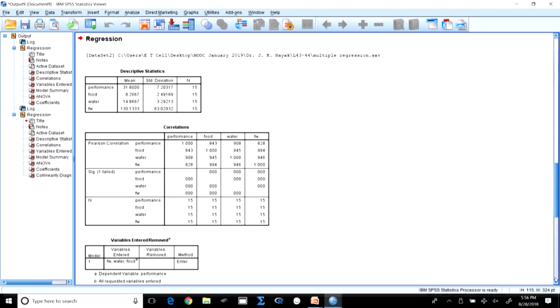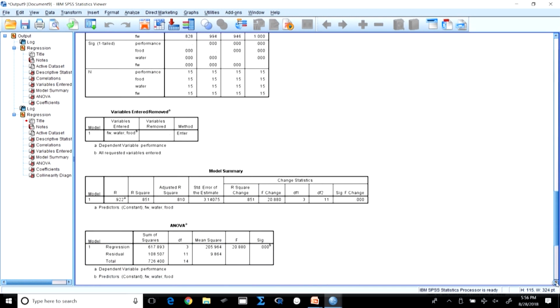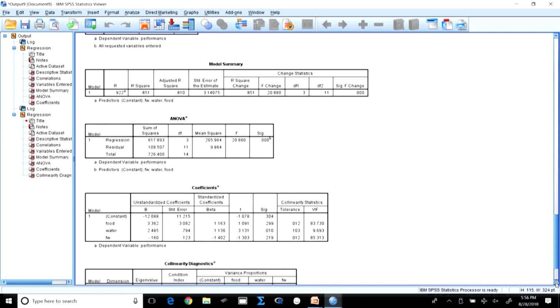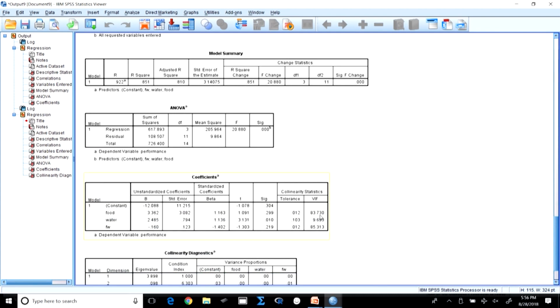Now I want to see the model impact. First of all, the model has improved, and if I look at the VIF of food, it is 83.73. That means since there is a very high correlation between food and water, I need to remove one of them, and I think water had a higher correlation with performance.